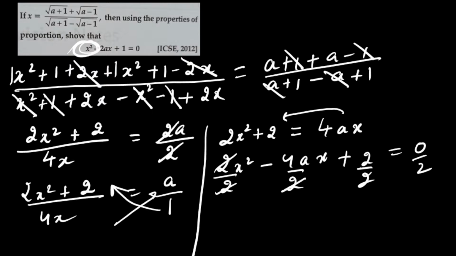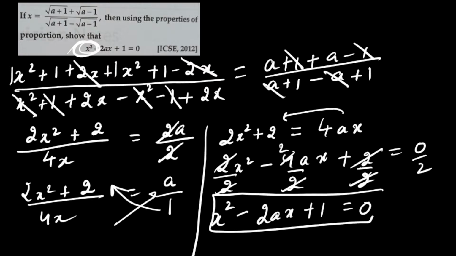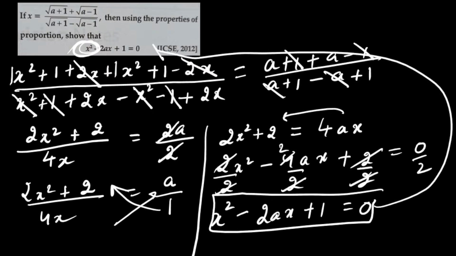So 2 and 2 will get cancelled, 2 and 4 will get cancelled, 2 and 2 will get cancelled. So I will get x square minus 2ax plus 1 equals 0. So this is what we had to prove. Yes, 2 is common. You can take it out at this step or at the end, anyway is fine.